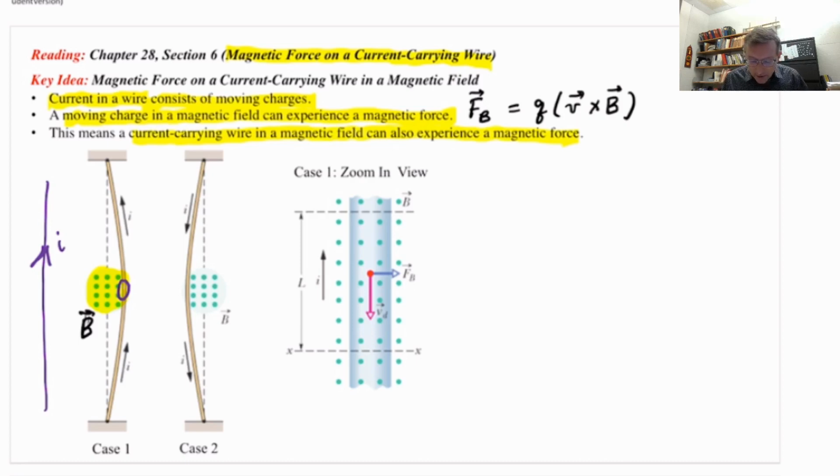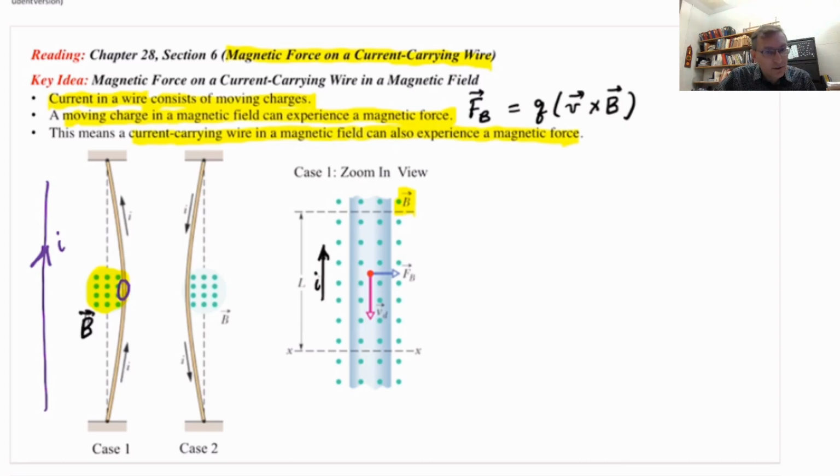Case 1, zoom-in view. That's a region of this wire that is immersed in the magnetic field B that's nice and uniform and coming out of the screen towards us. That's what the green dots represent. There is a conventional current I flowing upward in the plane of the screen through the wire, and they just drew the I over to the side.